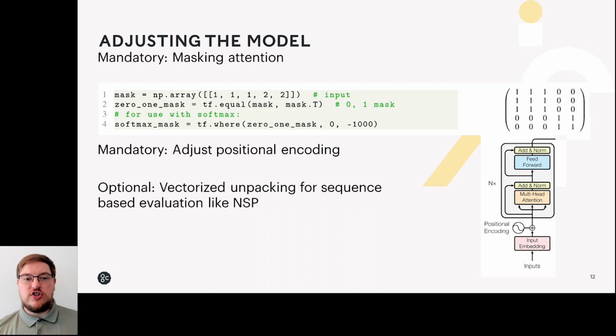Additionally, we have to adjust the positional encoding. Depending if NSP is used or not, we have to also adjust the respective loss calculation. Therefore, we developed a vectorized unpacking algorithm that can cast the problem to a sequence-based evaluation.